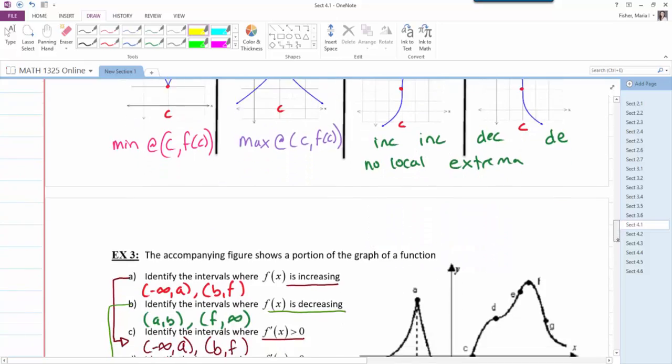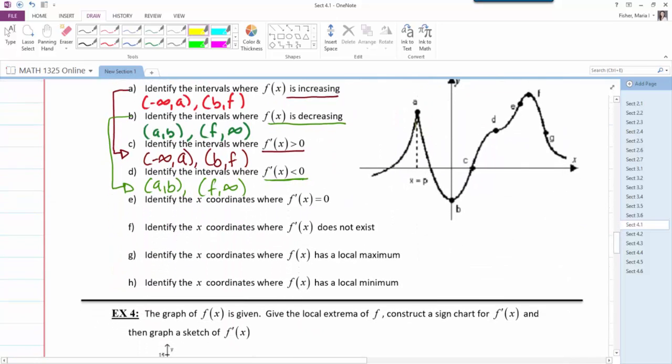So if I go back to the graph, well, that's a cusp, so I know that wouldn't have a horizontal tangent. But we can have a horizontal tangent here at B. That's not a horizontal tangent. But you have a horizontal tangent here at D. Not at E, but yes at F, and not at G. So we have horizontal tangents at x equal B, x equal D, and at x equal F.